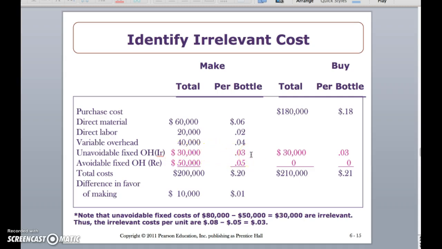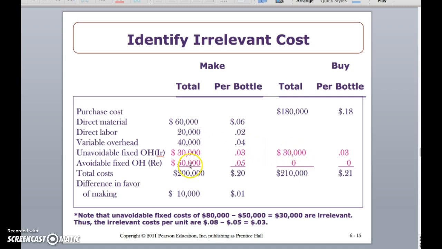Doesn't matter if the company makes or buys. But the company is able to get rid of that $50,000 by not hiring the manager. So in this case, this $50,000 would become avoidable fixed cost. So if it buys from an outside supplier, this item would be zero. However, this unavoidable fixed cost of $30,000 would stay.